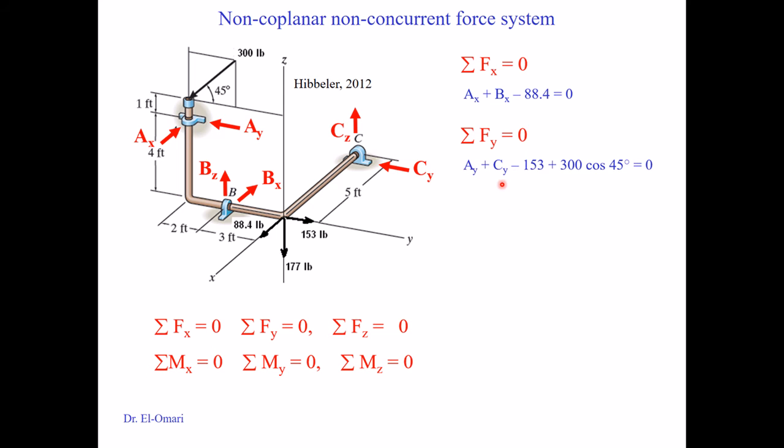So I have Ay and Cy. I pick this direction to be positive, and then you have minus 153, and then the positive horizontal component of the 300 pounds using the cosine. And then listing all the z, going upwards is positive, so Bz, Cz, and then negative 177, the vertical component. So this way we finish the first three.